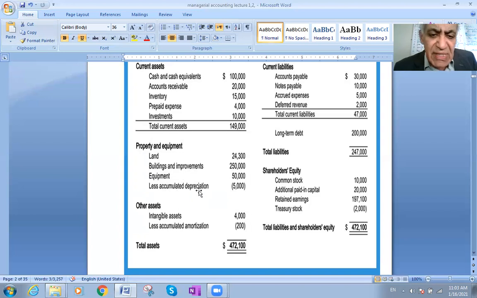What do you mean by this word depreciation? Depreciation means that your asset gradually loses part of its own value. If you buy a car today for $40,000, after 1 year this car will be worth 30,000.